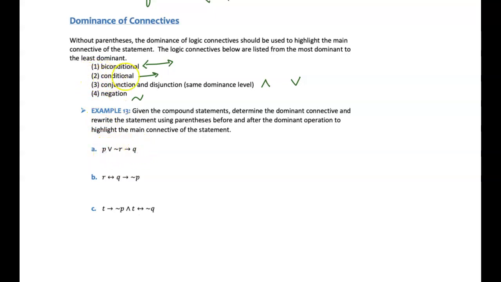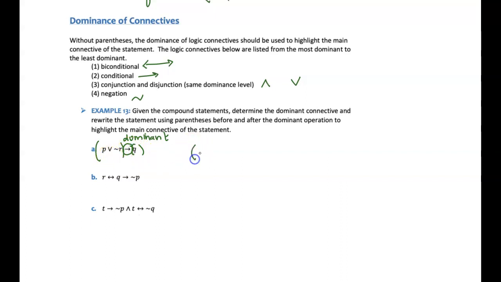The next one I'm going to look for is a conditional, and I see that. So I'm going to mark that as the most dominant for part A. And then we would use parentheses before that dominant connective, and if needed, parentheses after. In this case, the parentheses after are not necessary because it's only one statement by itself.